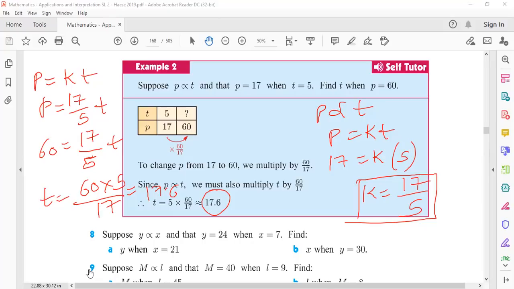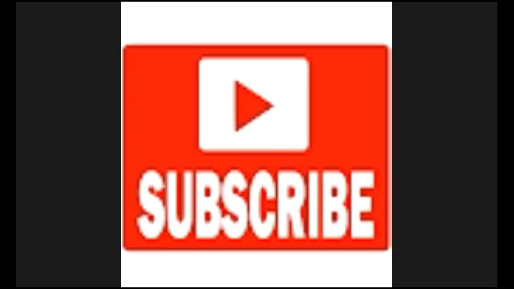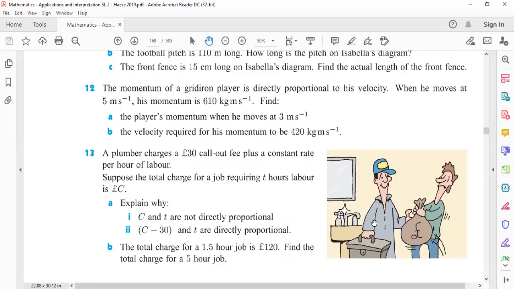What's the answer? A is 72, and B is 8.75. Yeah. Okay. Try the 12th one. Okay.